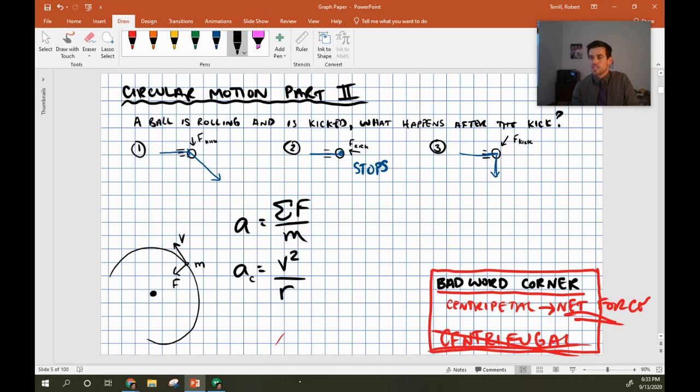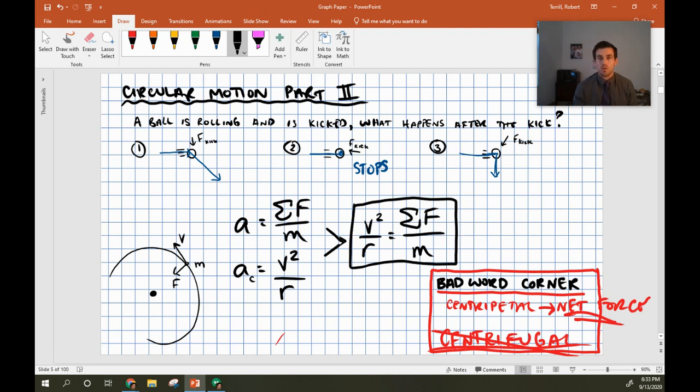So we have these two equations, and it turns out that we can merge them if we're trying to talk about the forces involved in circular motion. When we merge these together, we can set them equal to each other, and we can say that the centripetal acceleration is equal to the sum of the actual forces, the real pushes or pulls, over the mass. So this is a very useful combination formula that's going to come up when we do all of our circular motion problems. And there's going to be a lot of them.